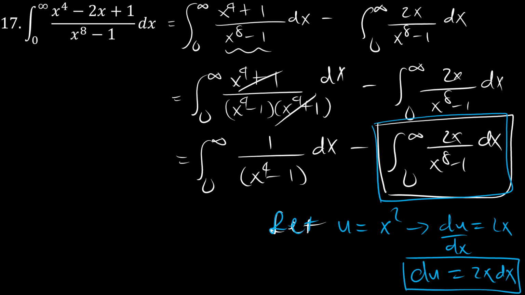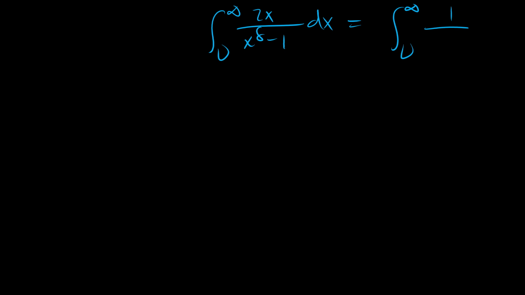When x equals 0, u is equal to 0. When x tends to infinity, u tends to infinity. So in other words, the integral from 0 to infinity of 2x over x to the 8 minus 1 dx is the same as the integral from 0 to infinity of 1 over u to the power 4 minus 1, like that.